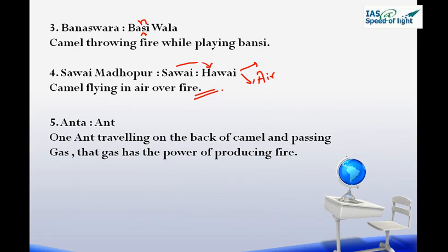And now what is happening is that the ant is passing gas, and that gas is so powerful that it is producing fire, or producing heat, on the back of the camel. So Anta, it is a gas based station in the state of Rajasthan.